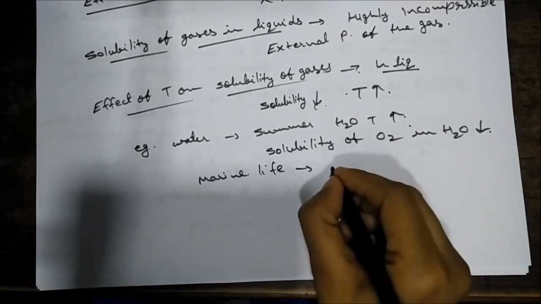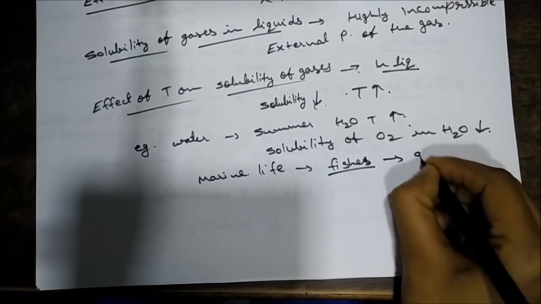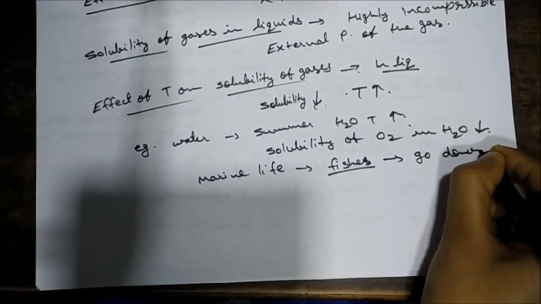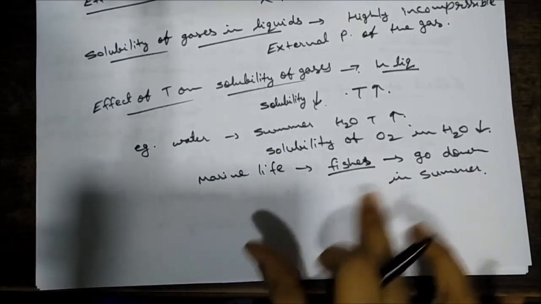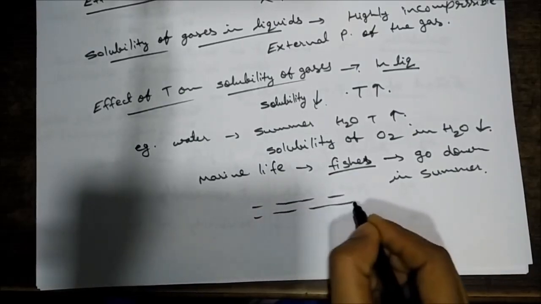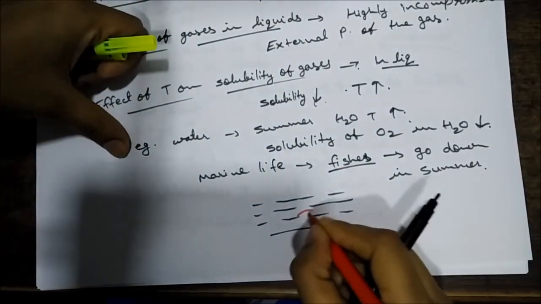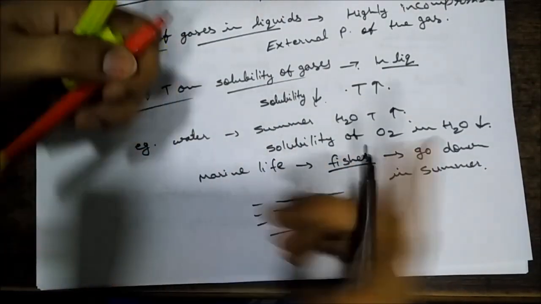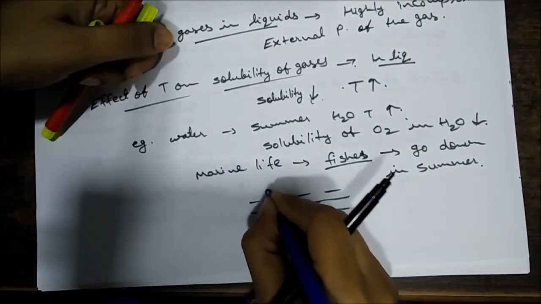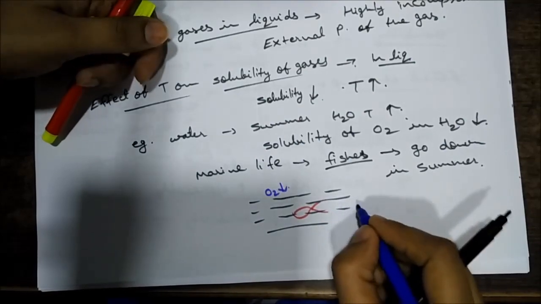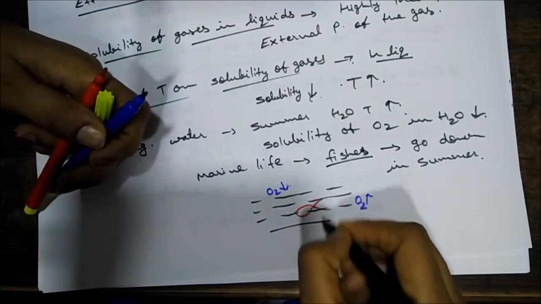As we see, the fishes go down in summers, as there is lack of oxygen in the upper layer. Here the solubility of oxygen decreases, and it will be higher in the lower layer, so the marine life goes downside.